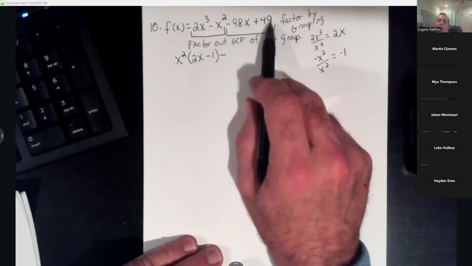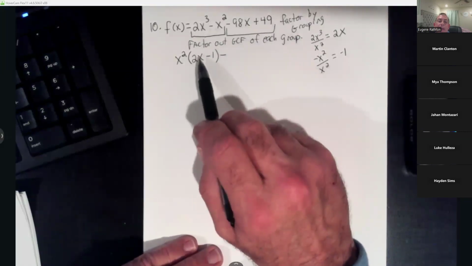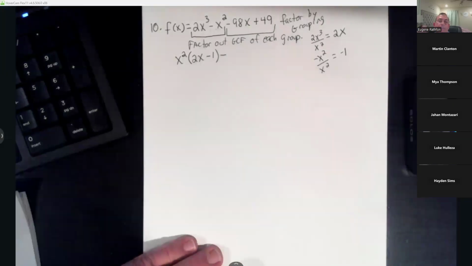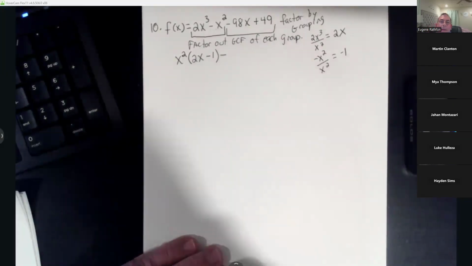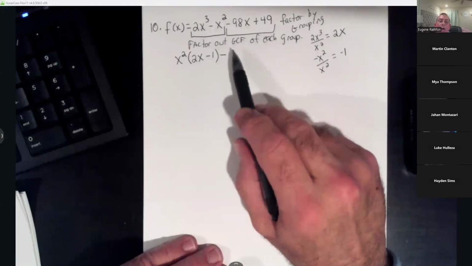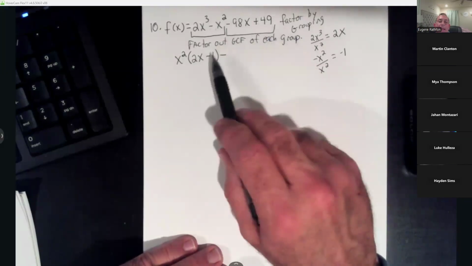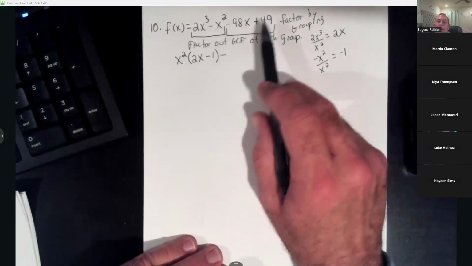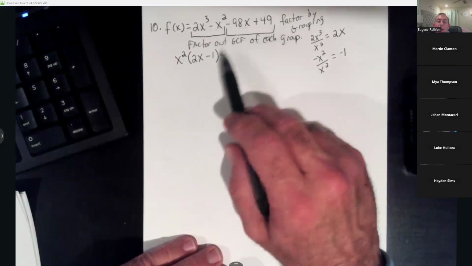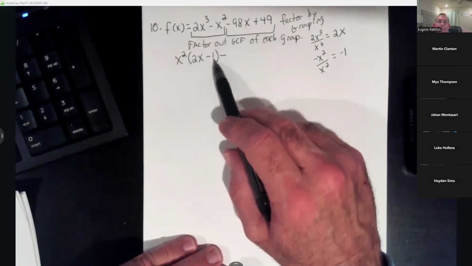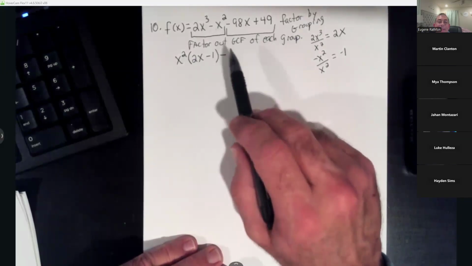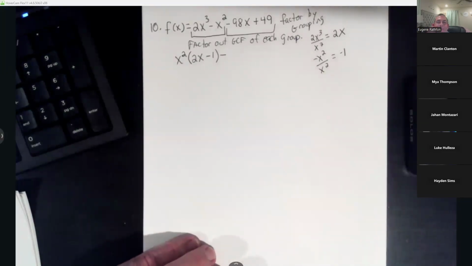So I know whatever I divide these both by better give me a 2x minus 1. All right, so 98 divided by what equals 2? And in here, you got a 49. Well, that's got to end up being a 1. So 49 divided by what will equal 1? So, y'all, what's this GCF going to be? And it's only a number on this one because both of those do not have an x, okay?